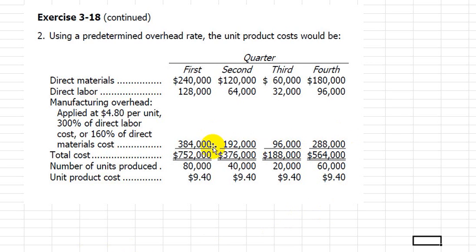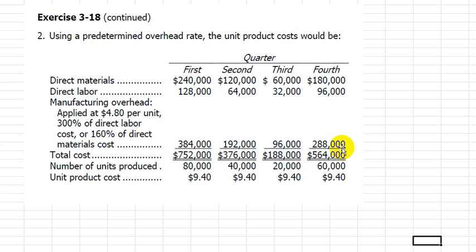We would apply overhead based on our $4.80 per unit rate, or the 300% or the 160%, to come up with these dollar amounts for overhead throughout the year. If we were to add this across, we would still get $960,000 for the year. It's just that the amounts in each of the quarters would be different.